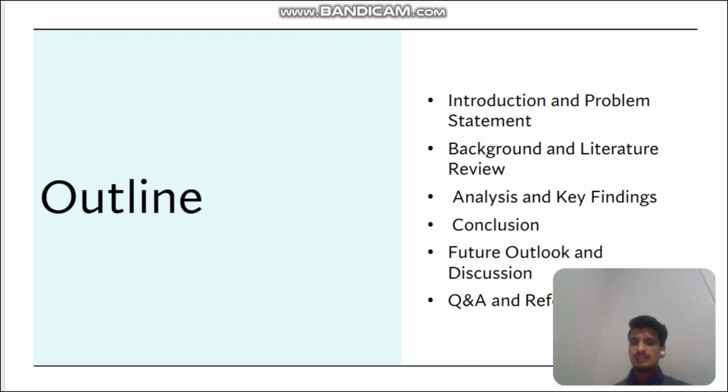And then we're gonna see the future outlook and discussions. For future outlook, we are gonna see AI in scientific research technique in the future, and we are gonna do the discussion on it. And lastly, the questions and answers and references.